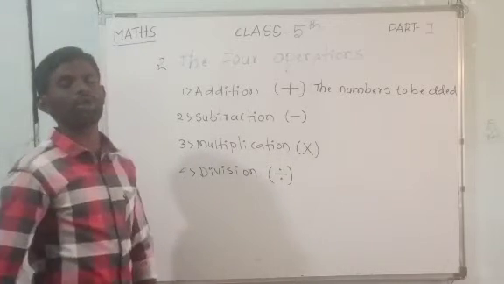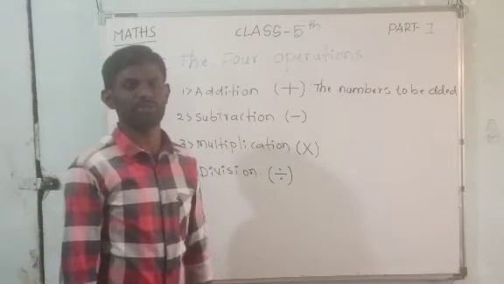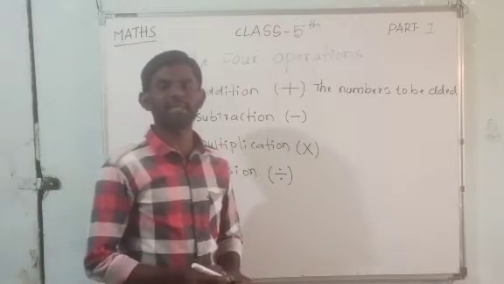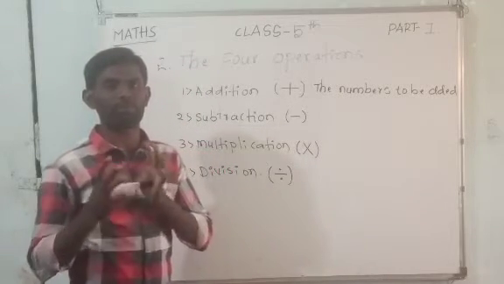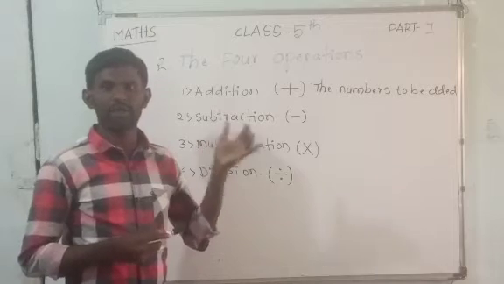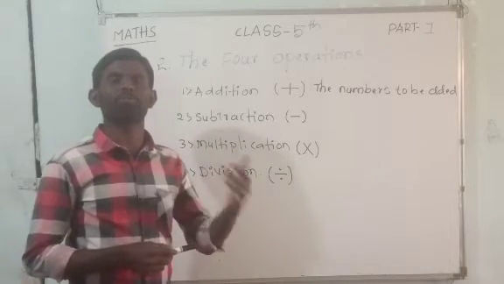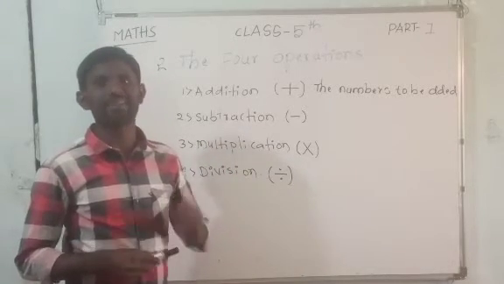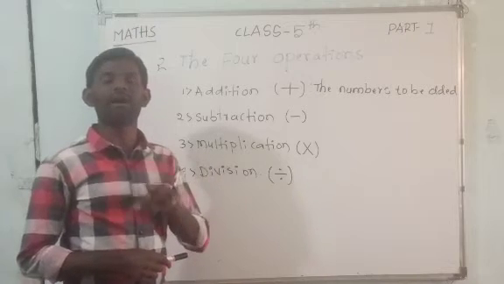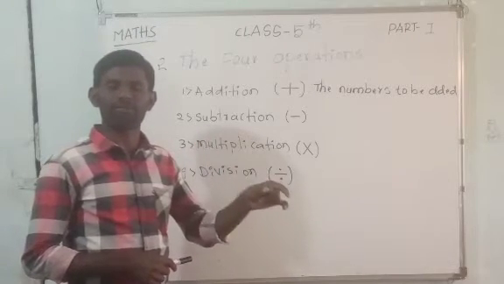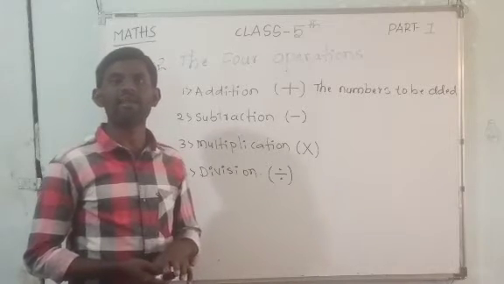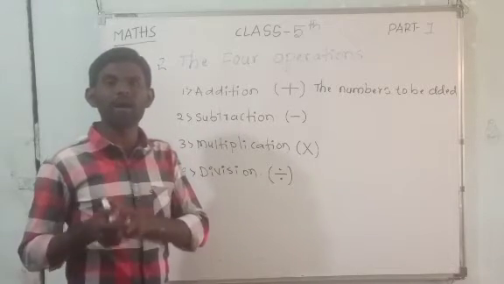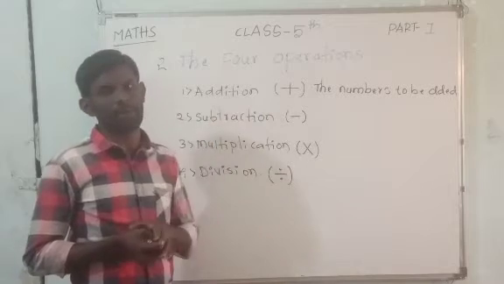Then what do you mean by subtraction? Subtraction is the second fundamental operation of mathematics in which numbers are to be subtracted. Especially, we subtract a small number from a big number.